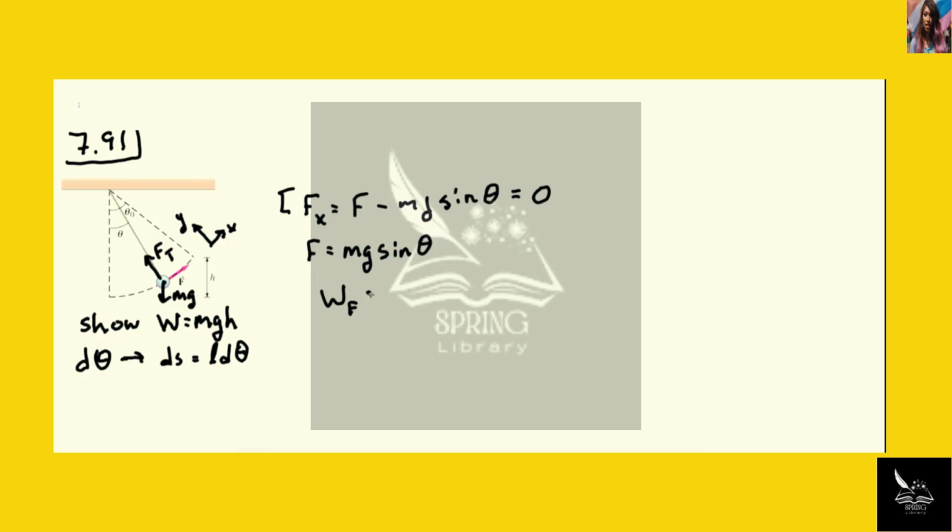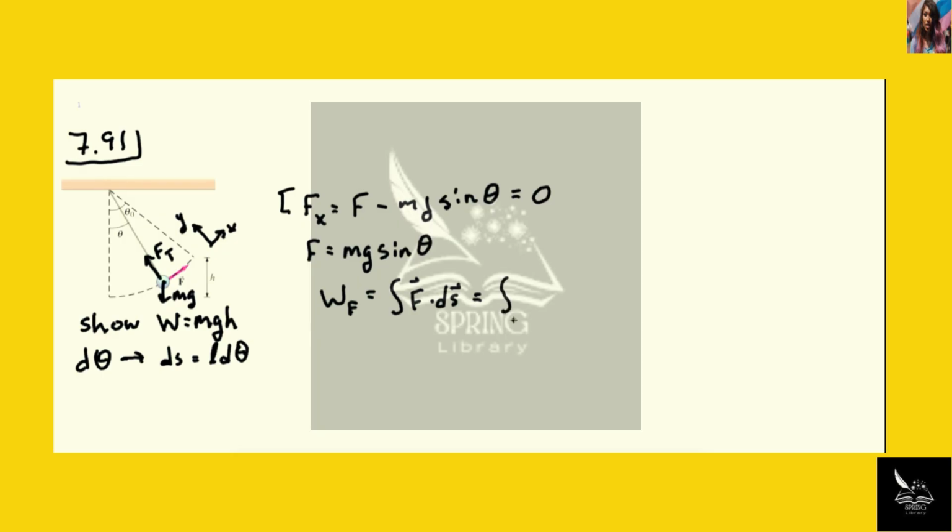Now the work that this force does will be the integral, well, let's not worry about the limits just yet, of F dot ds. Let's call it ds, actually, because L already has a use in this problem as a constant. And so we know that ds is L d theta.